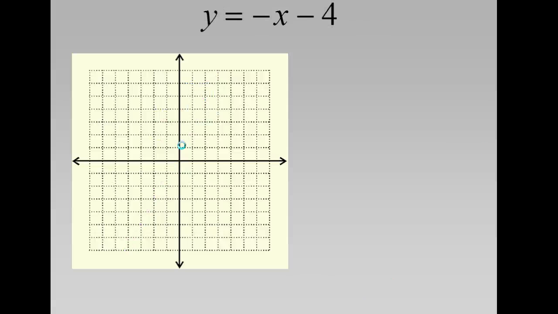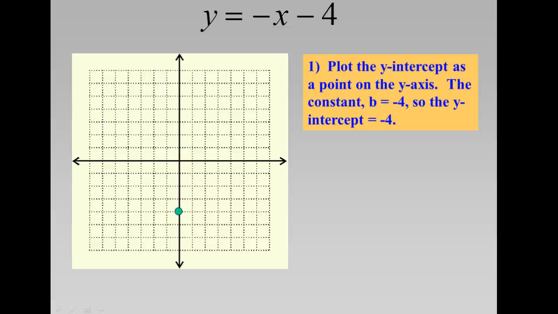Alright, here is another one. We have y equals negative x minus 4. Now because this is negative x, remember, in front of this it's actually negative 1 over 1. So the y-intercept in this case is negative 4.